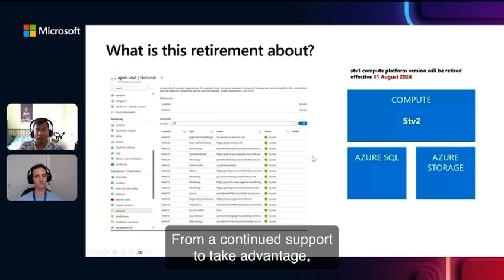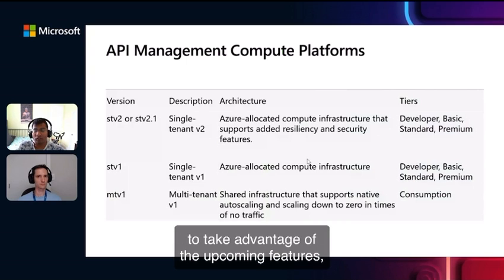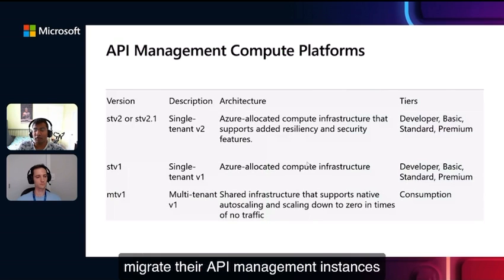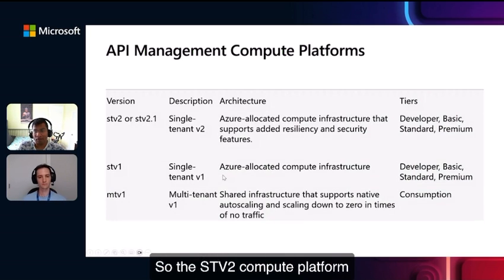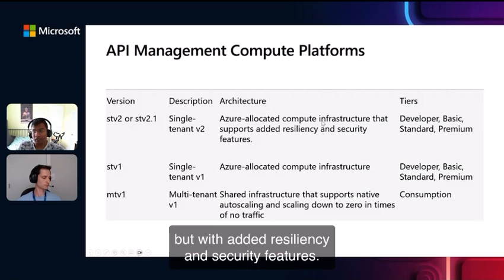For continued support, and to take advantage of the upcoming features, it is important for all customers to make sure that they migrate their API management instances from the STV1 compute platform to the STV2 compute platform. The STV2 compute platform is Azure-allocated compute as well, but with added resiliency and security features.